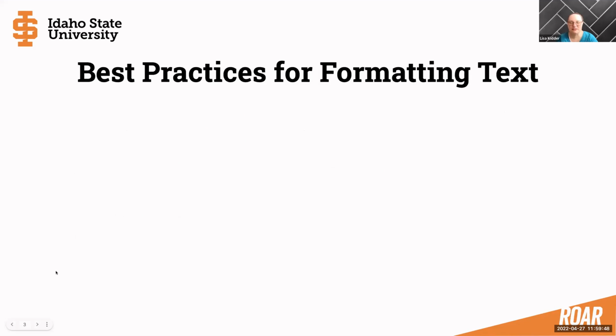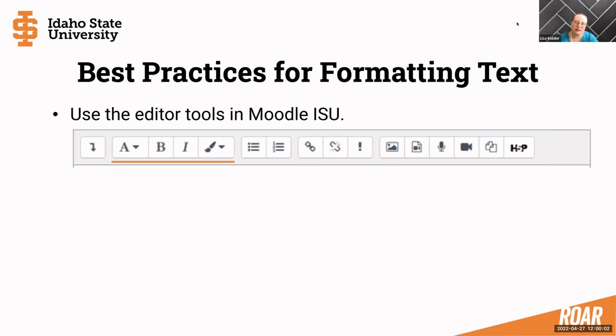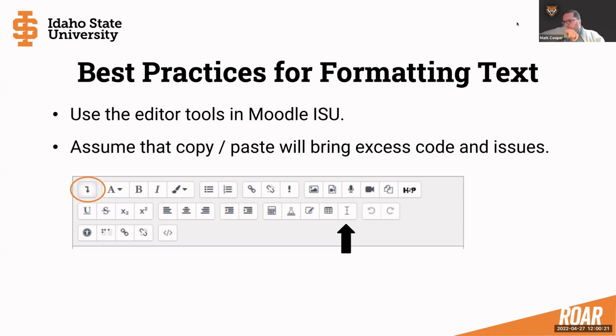All right. So in terms of formatting text within your course, here's a couple of best practices that will help you keep accessibility in mind and make your course in a good place to support all students. First of all, we recommend using the editor tools in Moodle for formatting text. These four right here are the most commonly used ones. And in terms of copy and paste, assume that there are going to be issues.